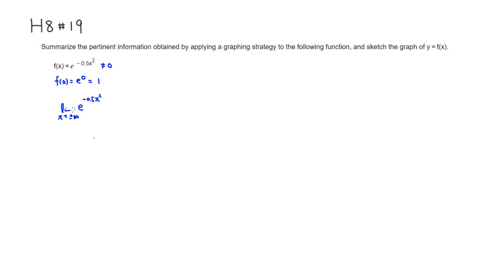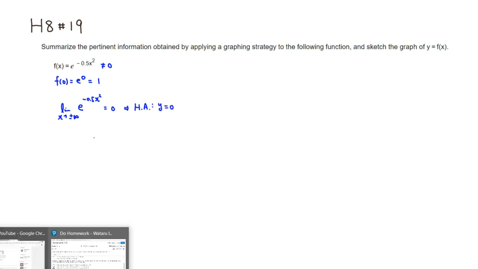As x goes to positive or negative infinity, x squared goes to positive infinity, with the negative 0.5 in front. So this goes to negative infinity, right? So e to the negative infinity approaches 0. So y equals 0 is the horizontal asymptote.